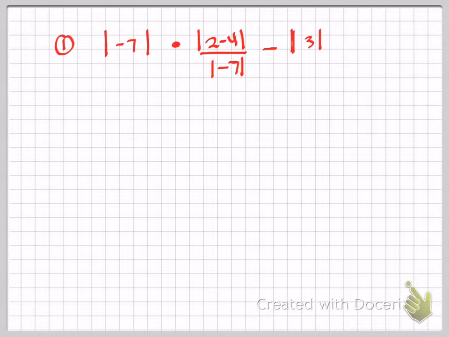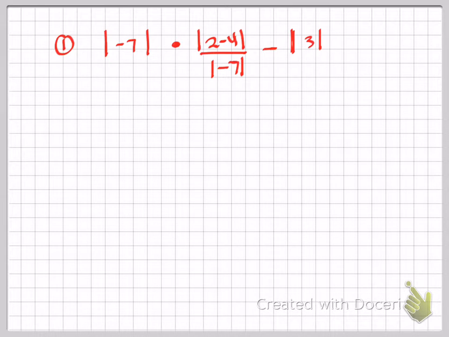Okay, so I might give something like this and ask you to simplify. Pause the recording, see if you can do that now. Let's get started. How might I begin to do this? Let's start with, how about Sarah?